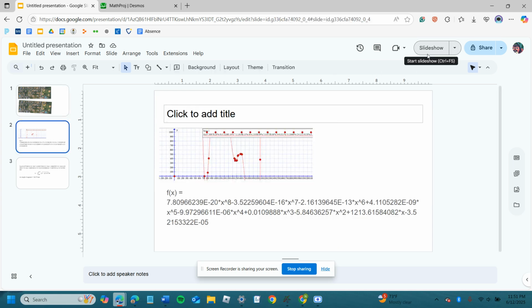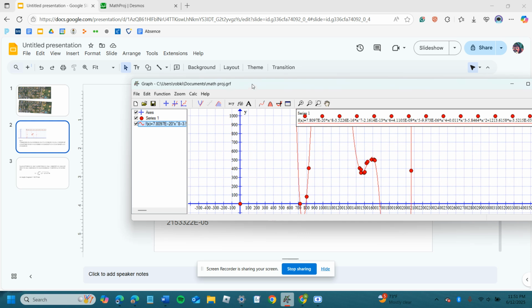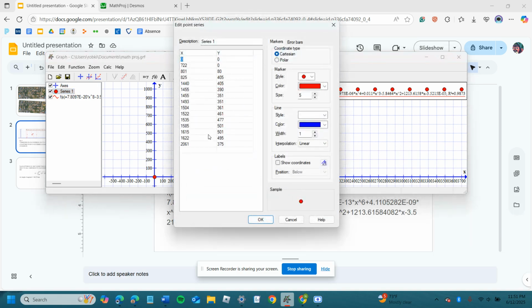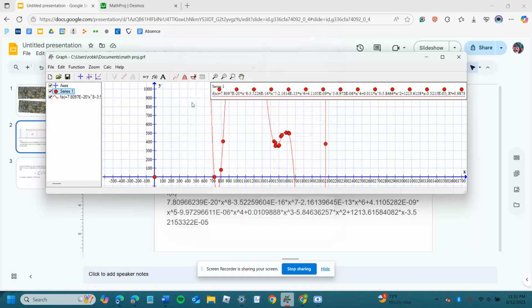The first thing I did is input all those points that I initially put into Desmos into the graph app. If we could see, here are all the points, just put into the graph app.